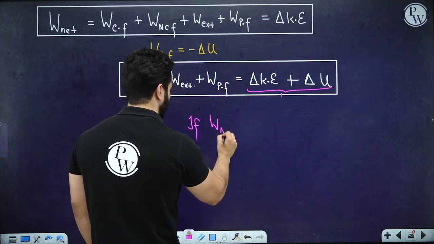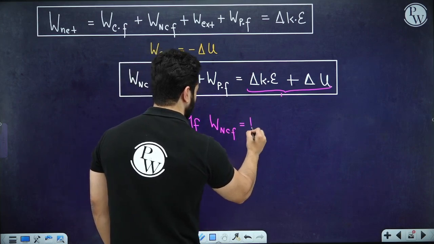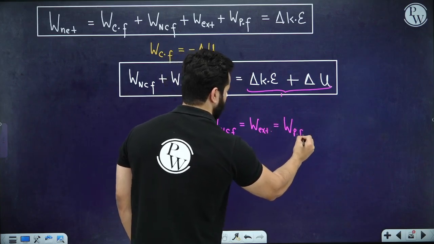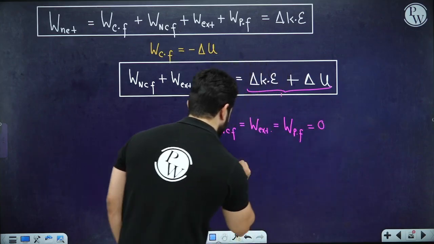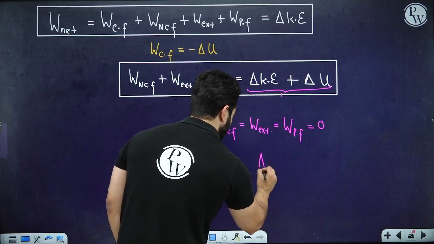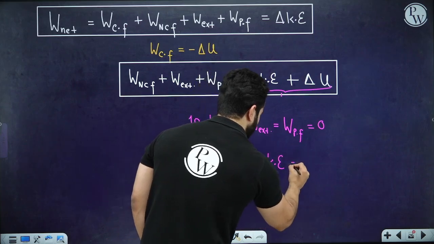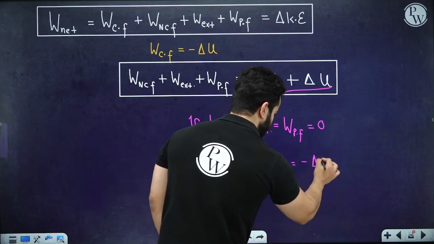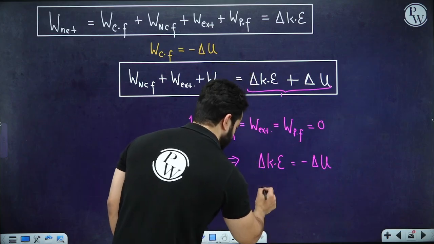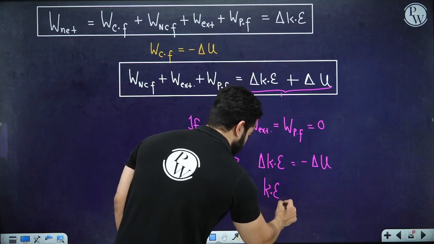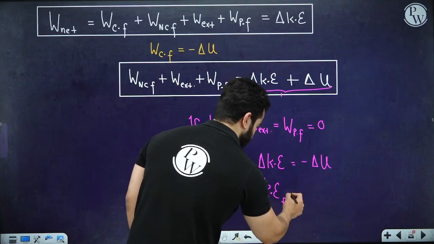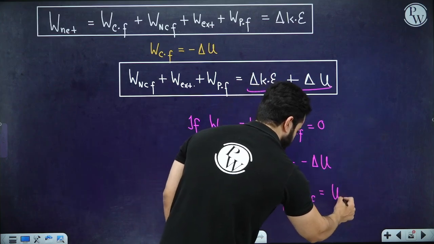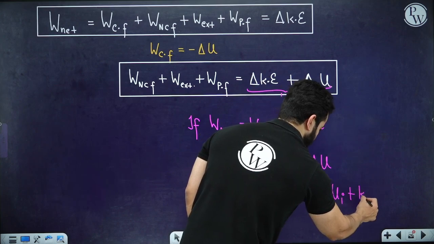If work done by non-conservative force, work done by external force, and work done by pseudo force are all equal to 0, then we imply that change in kinetic energy is equal to the negative of the change in potential energy. Writing potential energy as U, this means final kinetic energy plus final potential energy equals initial kinetic energy plus initial potential energy.